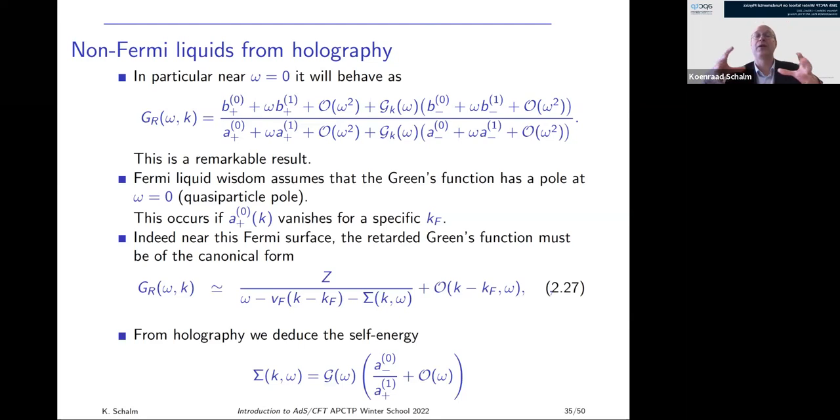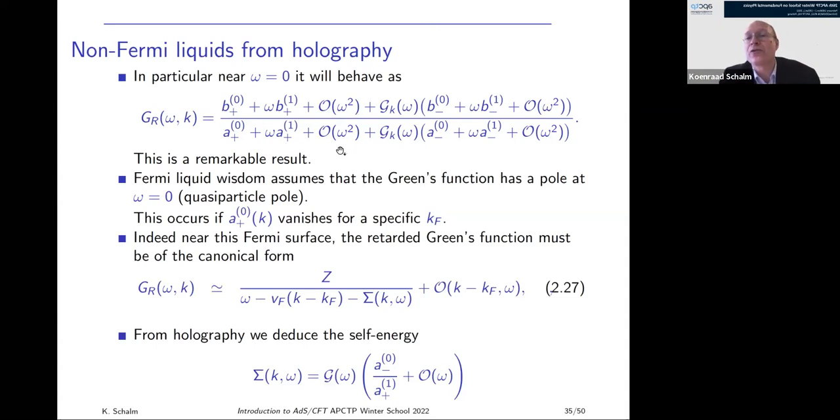But this way I build up a surface in momentum space. And depending on how many fermions I have, that surface then ends at some finite momentum kF. And then you have small excitations around this Fermi surface, right? But those are the fermions, and it has a very nice, beautiful pole in the Green's function precisely where k is kF and omega is 0.